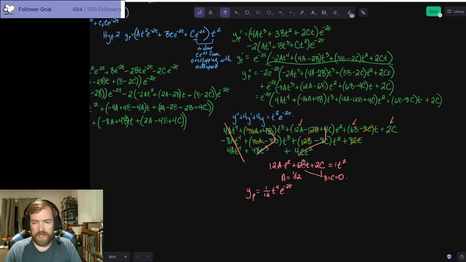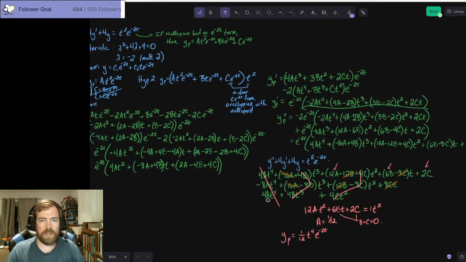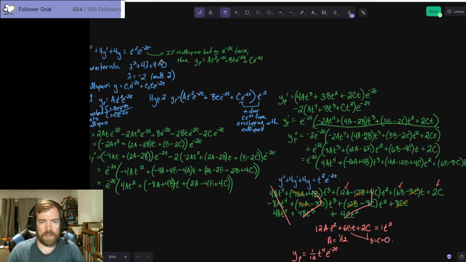Our 6b off the t has to be 0 because we don't have any here. And our 2c also has to be 0 because we don't have any here. When we solve those equations, b and c are 0, and a is 1/12. And then that means that our particular solution is going to be 1/12 t to the fourth e to the negative 2t in order to create that bit here.